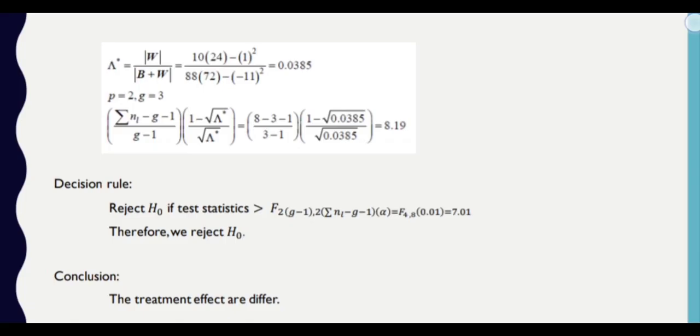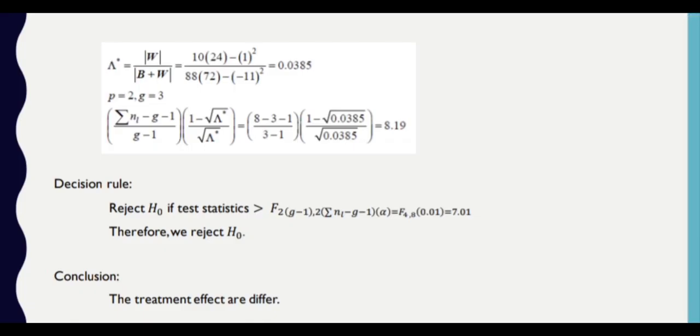Kita ada 3 population tadi, kan? So there are significant difference of all variable, ataupun kalau you tahu the name of each variable, so you say x1 and x2 among the 3 population ataupun 3 treatment. If you know about the population, sama ada faculty ke apa ke, you can mention that.